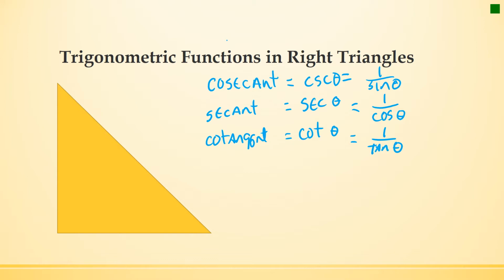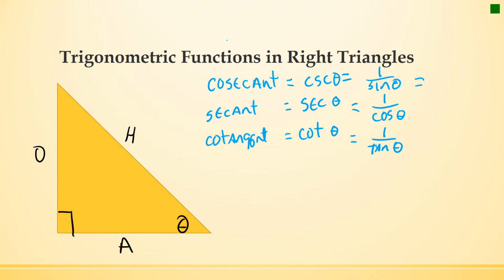So let's go back here. We're going to put a box in here, to identify a right angle, and we're going to put theta here. And this, of course, means that this is the hypotenuse, this is the opposite side, this is the adjacent side. And so coming back over here, what then is the cosecant?